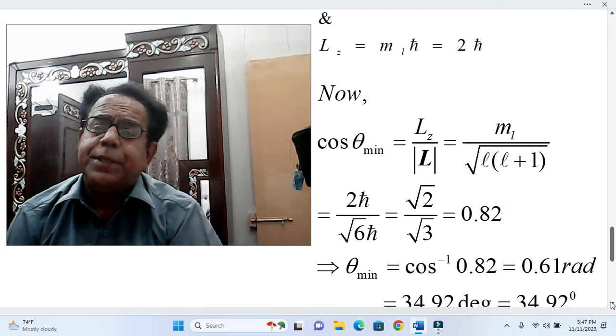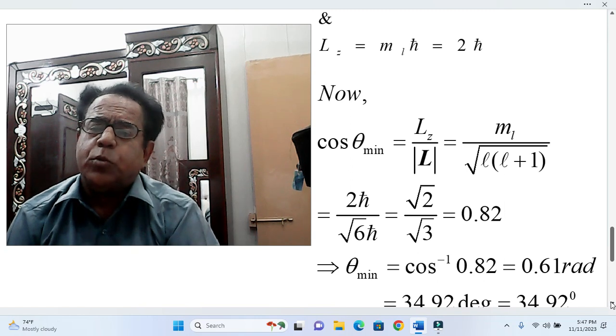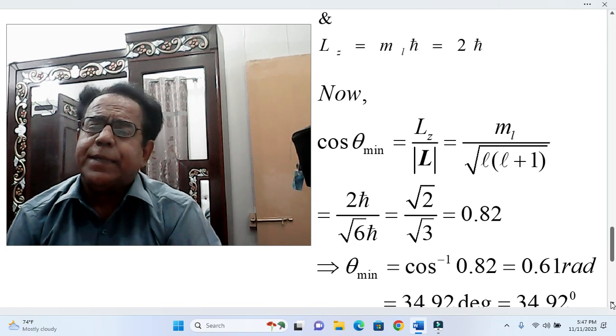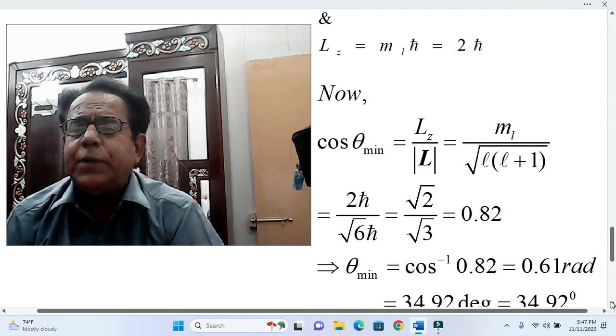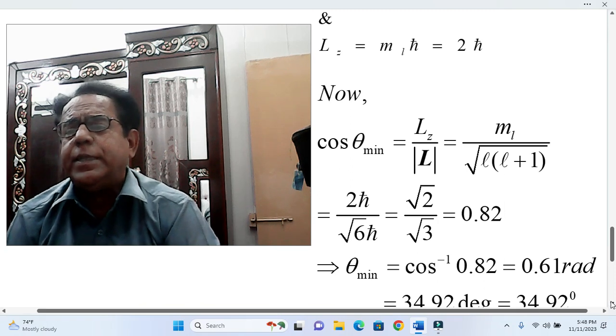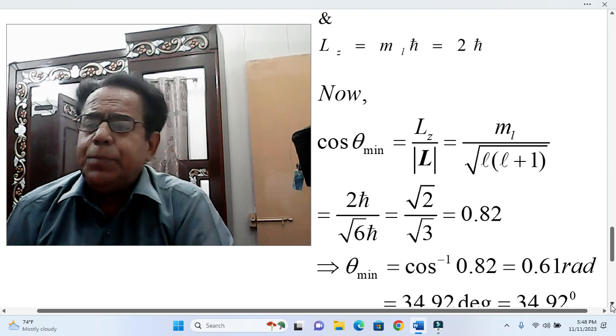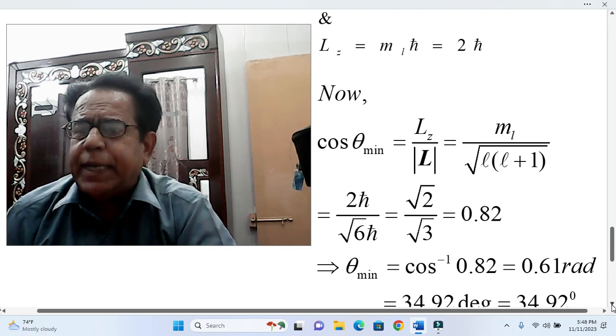Because 2 can be written as under root 2 into under root 2, and under root 6 can be written as under root 2 into under root 3, so under root 2 will be cancelled with under root 2, and we will be left with under root 2 over under root 3. In other words, 2 by 3 whole under root. This is equal to 0.82.